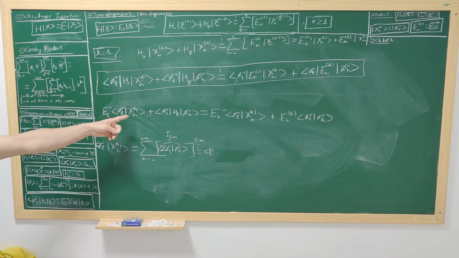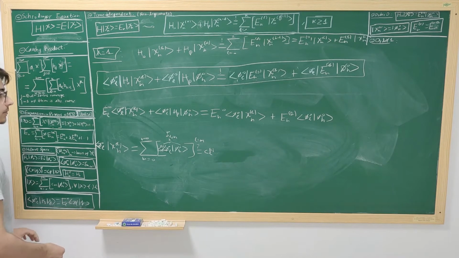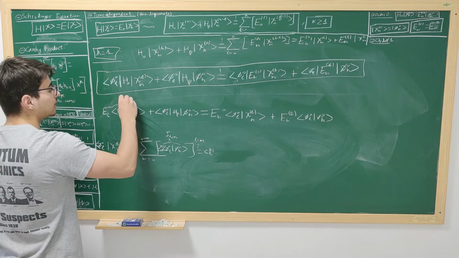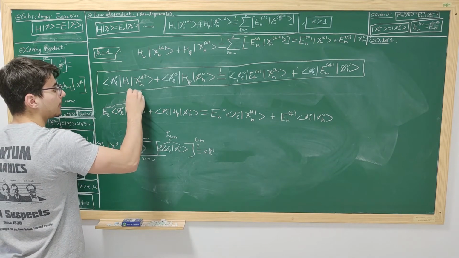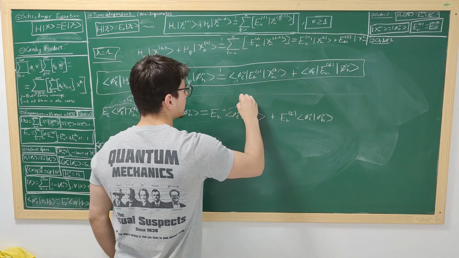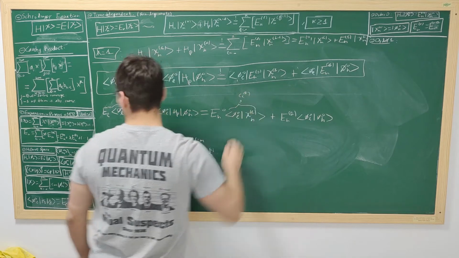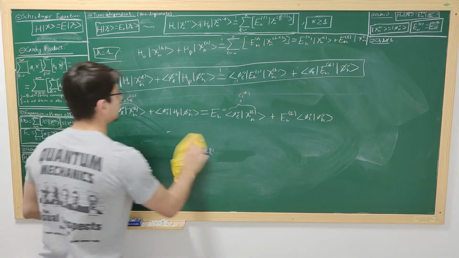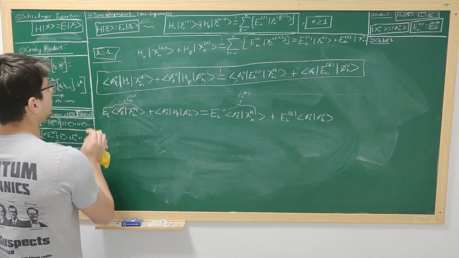So here, instead of writing this, we can just write C_L, right? This is just the coefficient C_L1. And likewise, we get the same thing here. Now we can reorganize this.